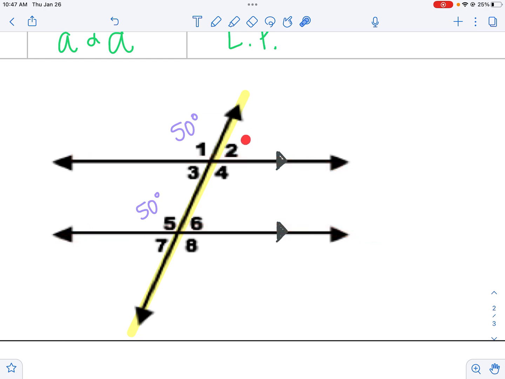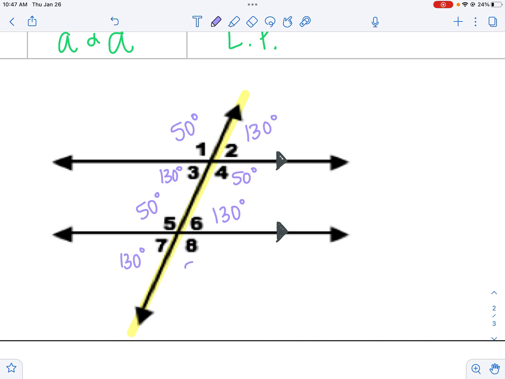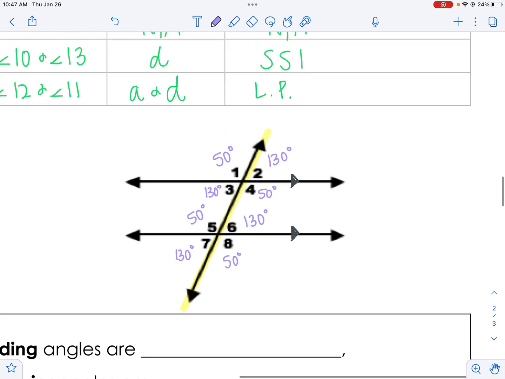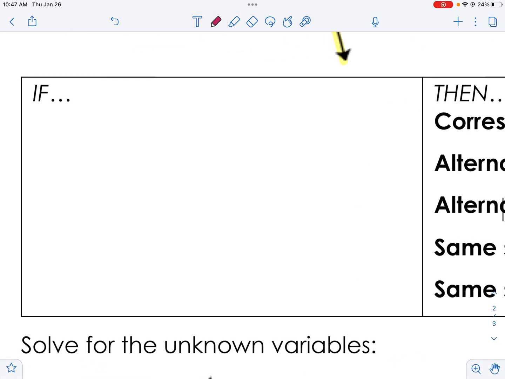And if I take a look at 2 and 6, so linear pair, angle 2 would be 130, angle 6 would be 130, subtract from 180. And then you can use vertical angles and linear pairs to figure them all out. Essentially, what you can do is copy and paste those numbers down below as long as your lines are parallel. And that's your condition. That's the catch. If the lines are parallel.